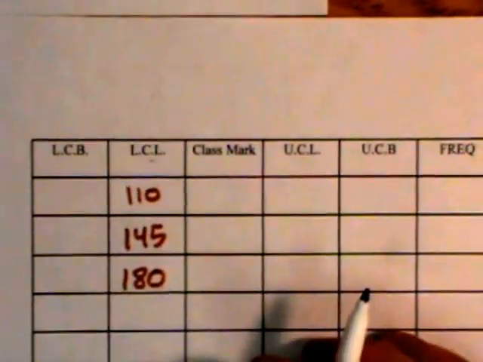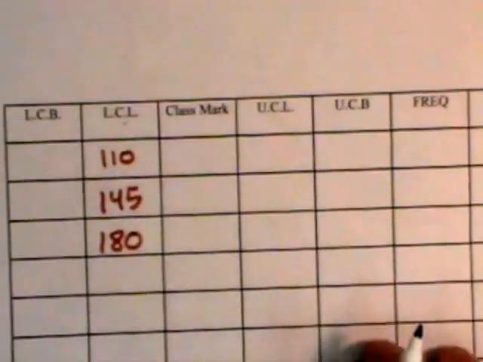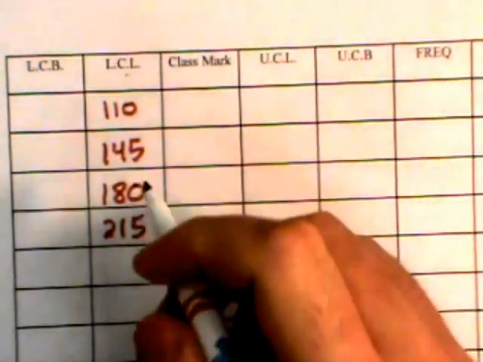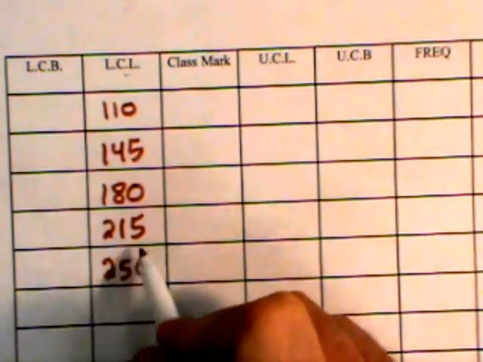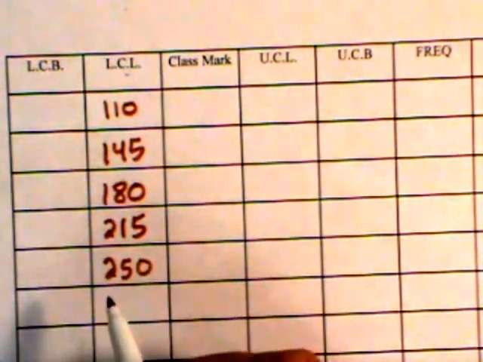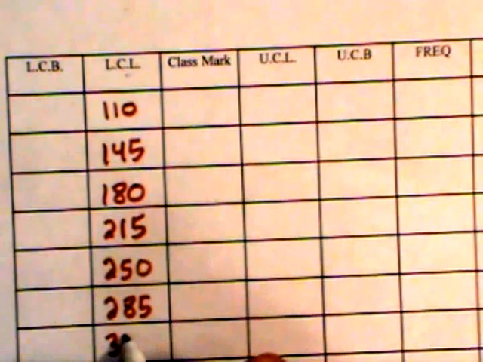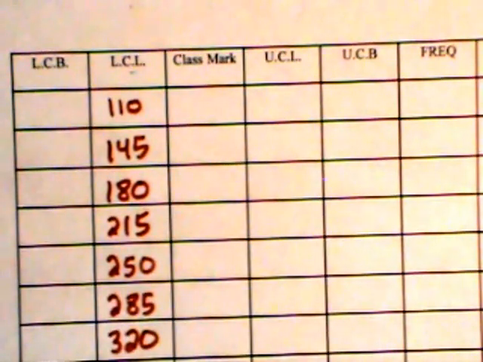Remember, I only have 7 classes, so I hit enter, I get 215, hit enter, 250, that's 5 classes so far, 285, that's 6 classes, and 320, so I end at 320.